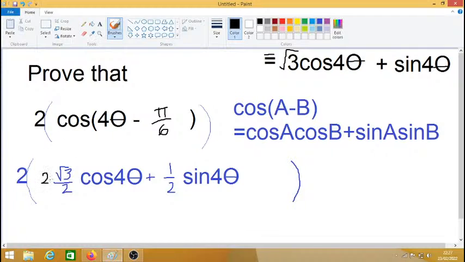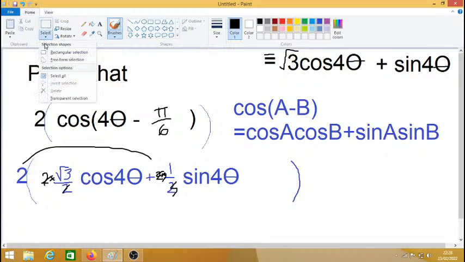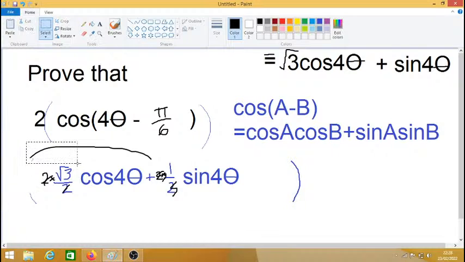So when I bring the 2 in to times by that first term, that's going to cancel. And then this now do the second term, I'm going to times by 2. But again, I've got a divide by 2, so that's going to cancel. So that timesing by 2 was pretty good because it helped us get rid of the divide by 2's.